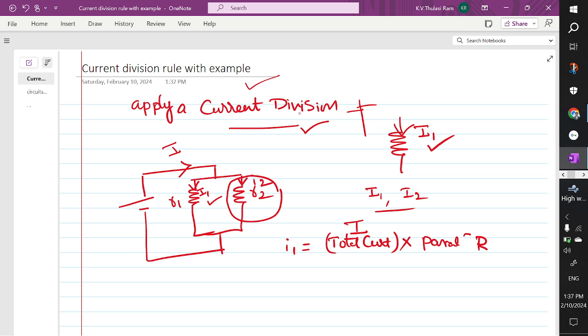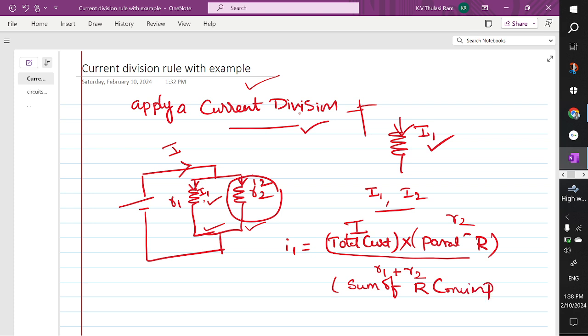For example, we are finding the current I1 here, and the parallel resistance to this is R2. So the parallel resistor R2 is divided by the sum of resistors connected in parallel, which is R1 plus R2. This is the formula for finding the current across a branch.